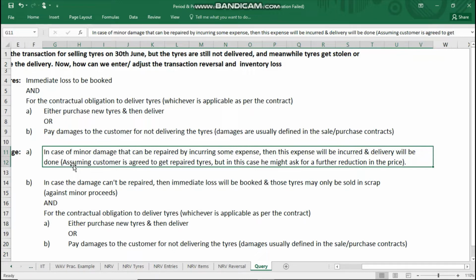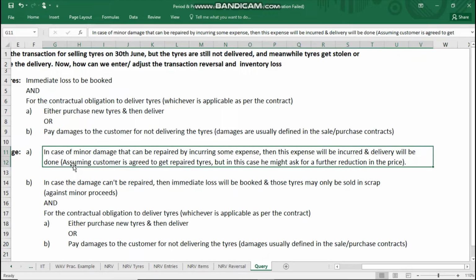Okay, and in that case, the customer might agree, but he may ask for a further reduction in the price. Okay, so this repair expense plus this reduction in the price asked by the customer will be an additional burden on the business. They will be a sort of expense for the business.